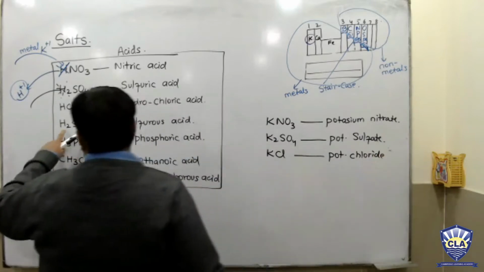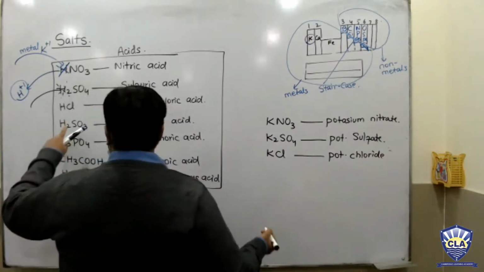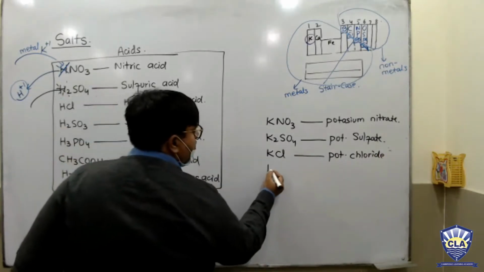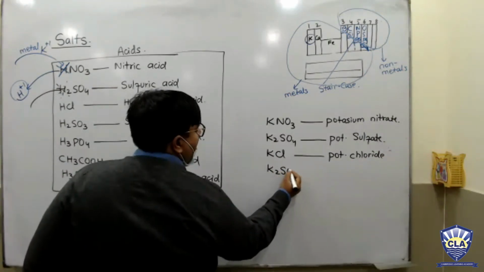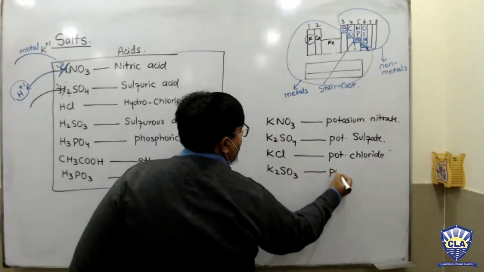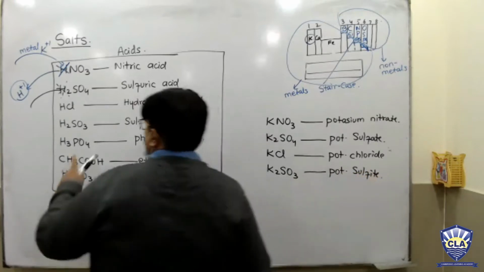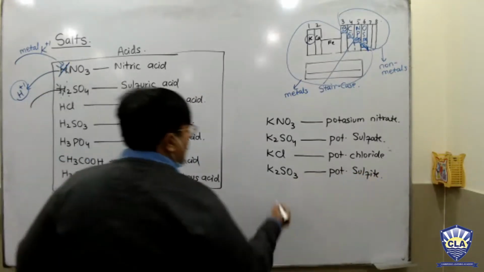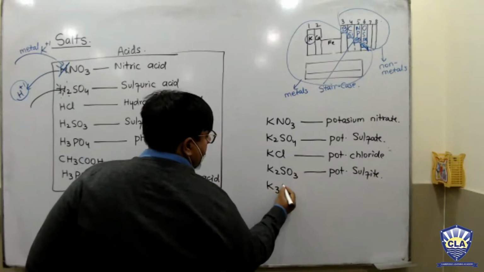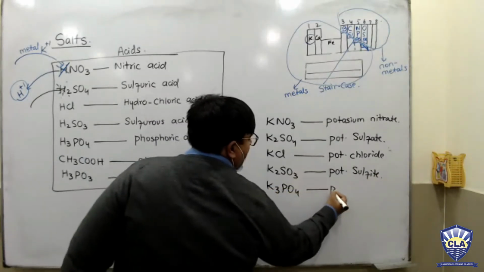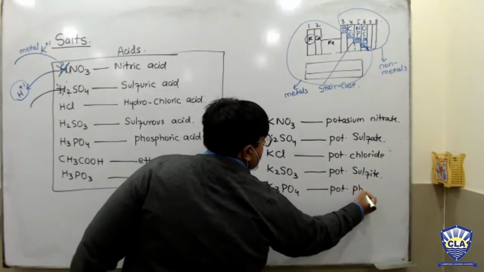And just like that, this is H2. So at the place of hydrogen, you should put the K. So K2SO3. So this is called as the potassium sulfite. And this one K3PO4. Okay, so that would be potassium phosphate.